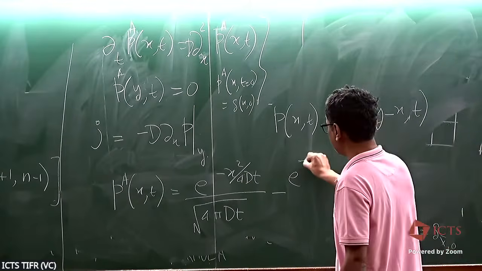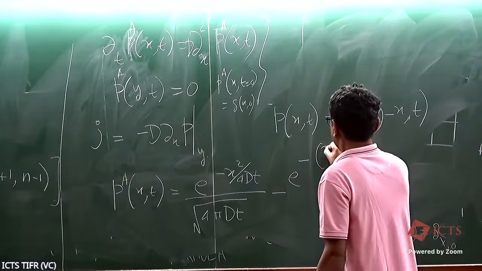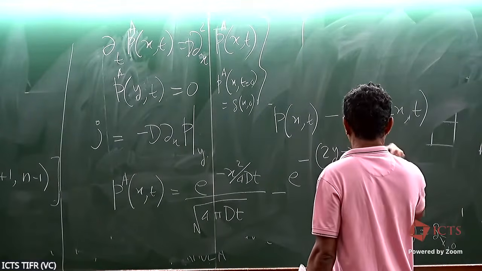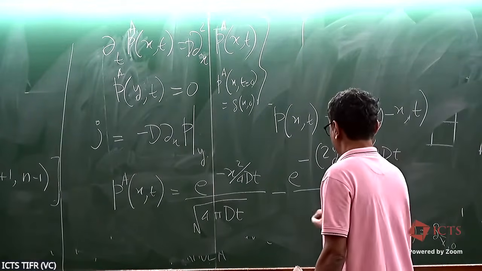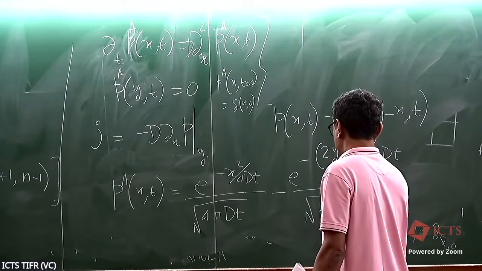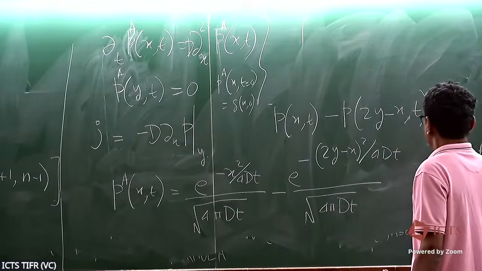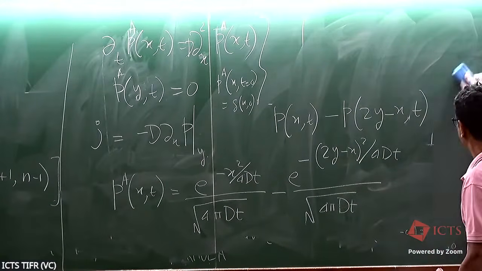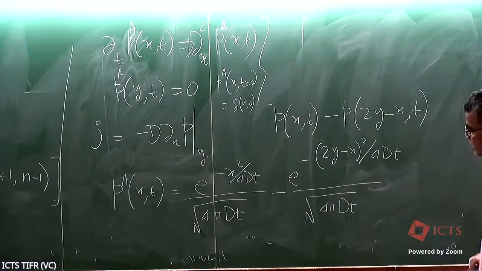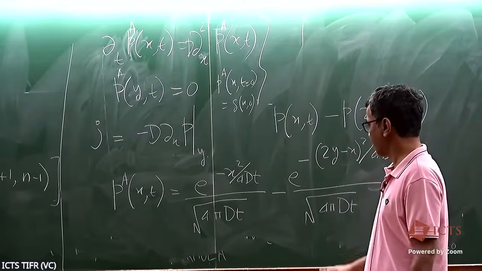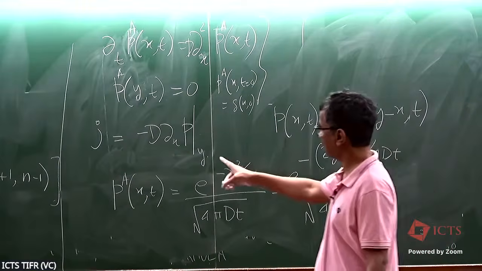So we have to do minus t. Okay, so this satisfies this set of equations, and now we have to find the current.